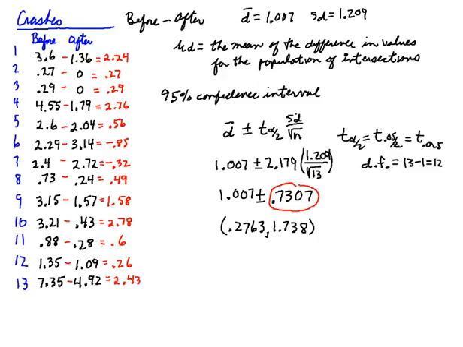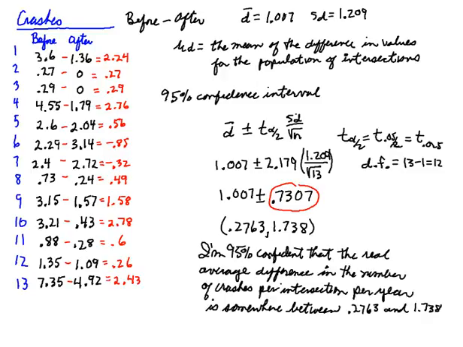So I can say I'm 95% confident that the real average difference in the number of crashes per intersection per year is somewhere between 0.2763 and 1.738.